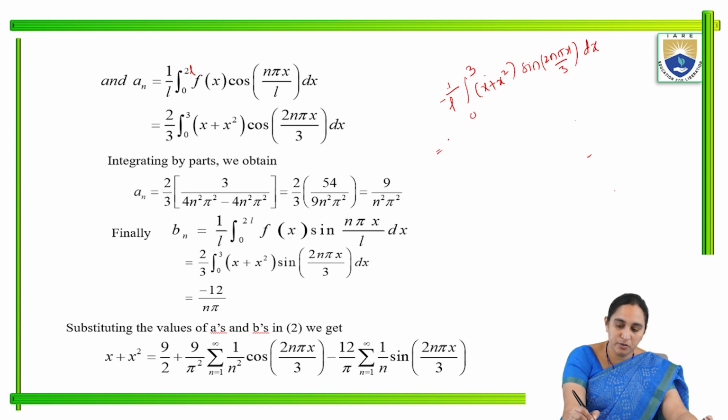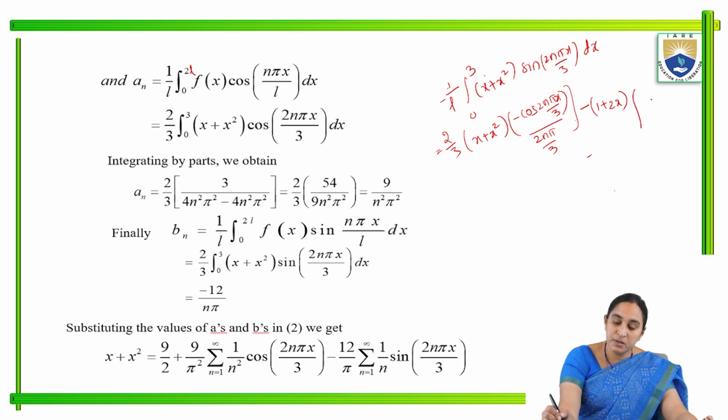Here L is 3 by 2, there 2 by 3, x plus x square into sine 2n pi x by 3, integration is minus cos 2n pi x by 3 by 2n pi by 3, minus x plus x square differentiation 1 plus 2x into cos 2n pi x by 3, integration is minus sine 2n pi x by 3 by 4n square pi square by 9.